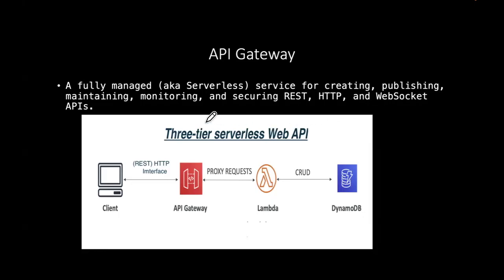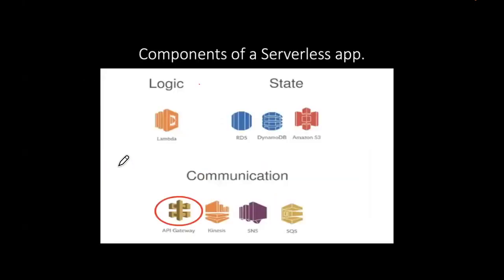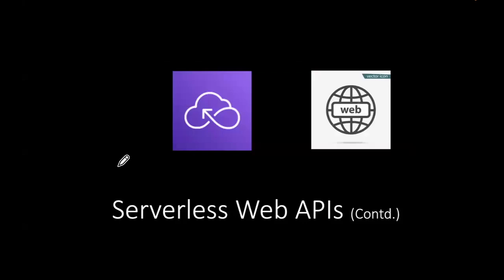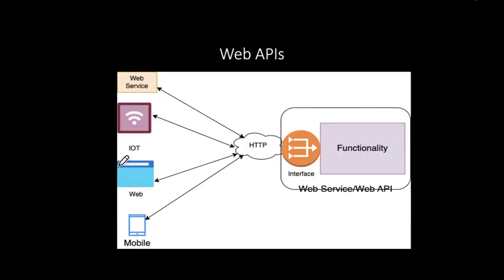So here is your classic three-tier architecture, and this is really what we're going after. You've got API Gateway, that's your interface for your clients, all of these guys here.